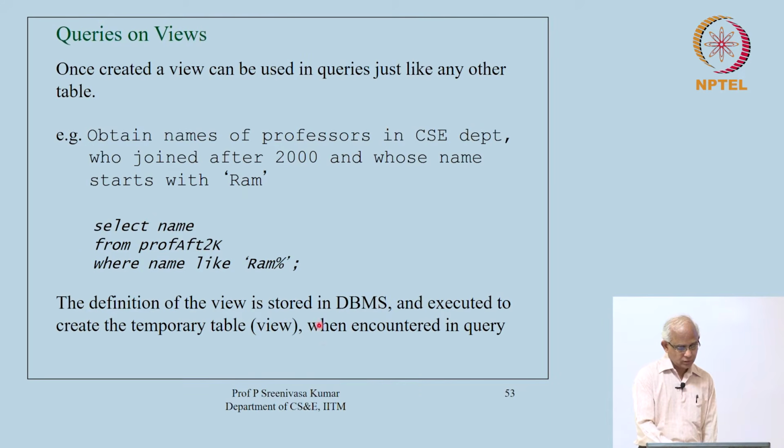Whatever definition we have seen in the earlier slide is stored in the DBMS, and when it encounters this query, it will either create the temporary table and use it, or if it had already materialized it, it would use that anyway.